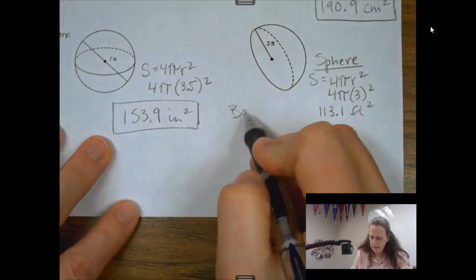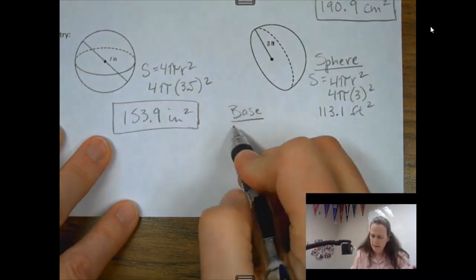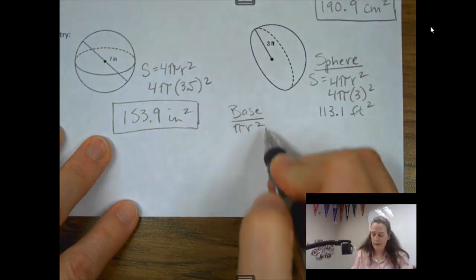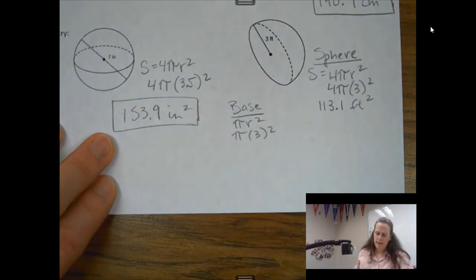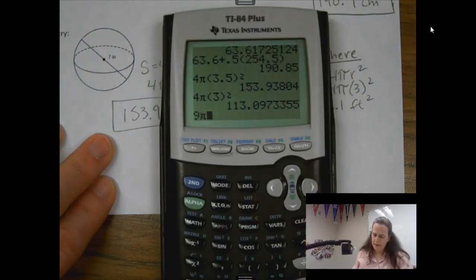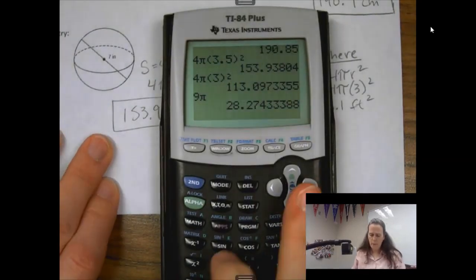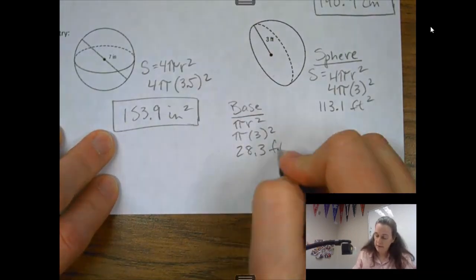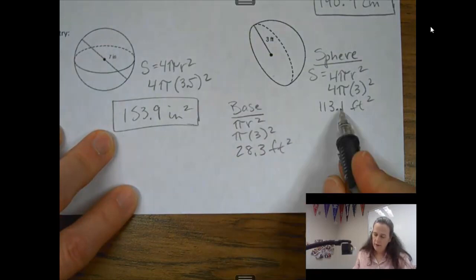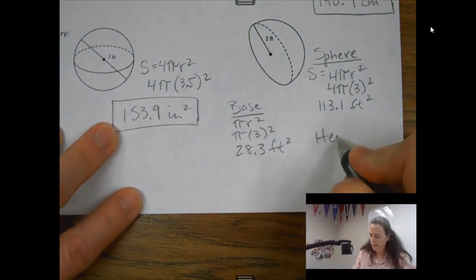Okay, base, it's a circle, so pi r squared, and we know that's 3 squared. So let's put 9 pi in our calculator, 28.3 feet squared. Okay, we've got the 2 pieces we need. Let's put them together.